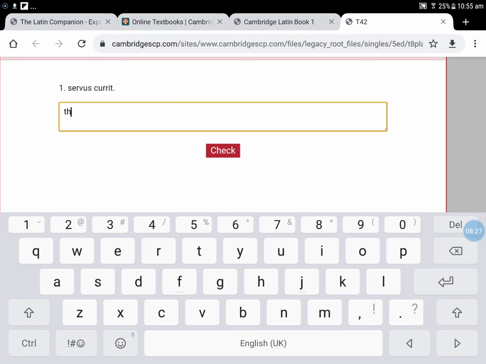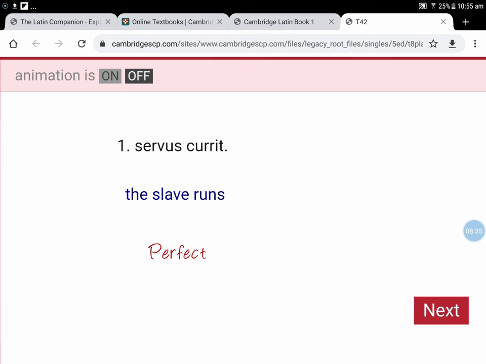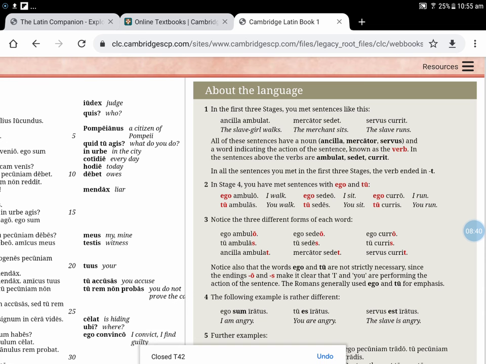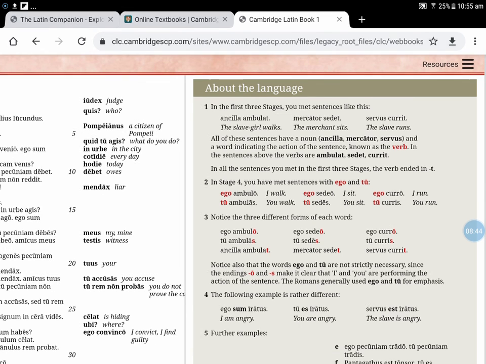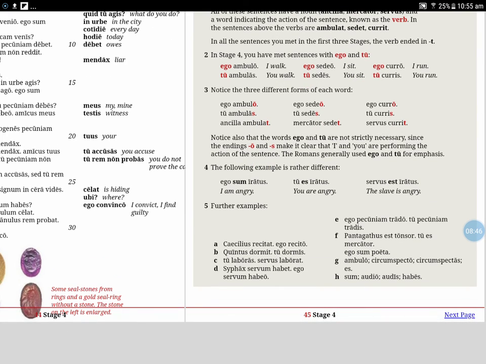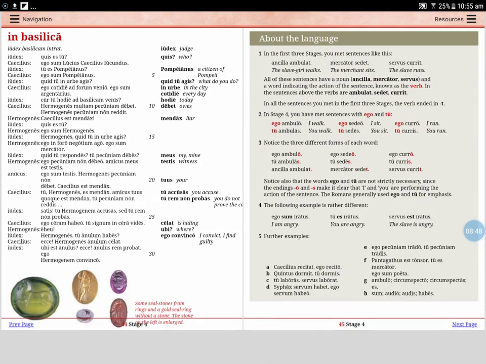So I'm going to put the slave runs. I'm going to check it and it says, perfect, well done, do the next one. So there you go. There's plenty to do on pages 44 and 45 of Stage 4. I'll leave you there to get on with that.